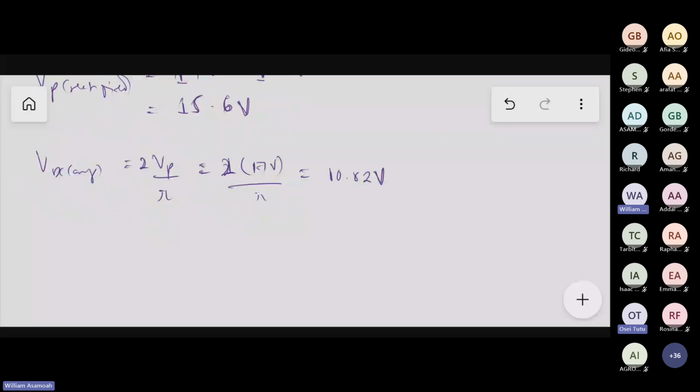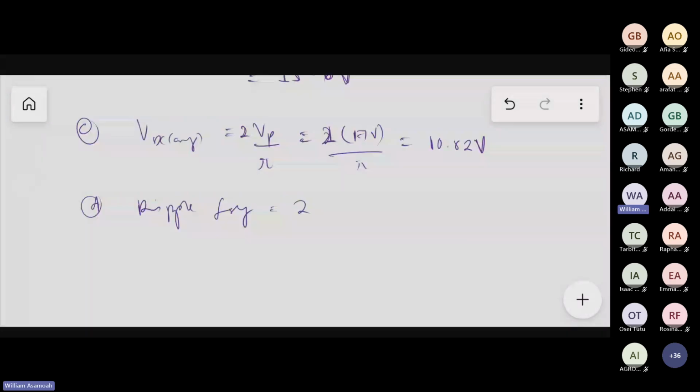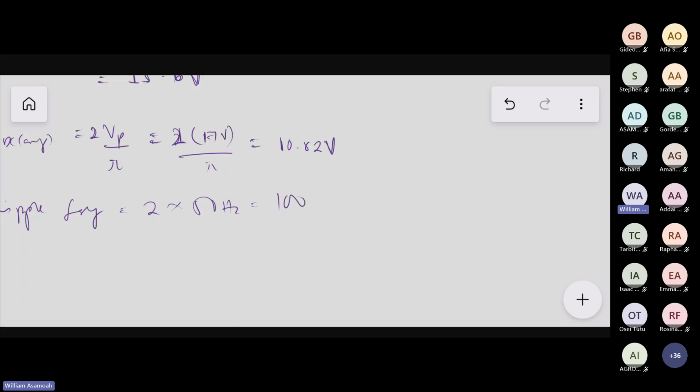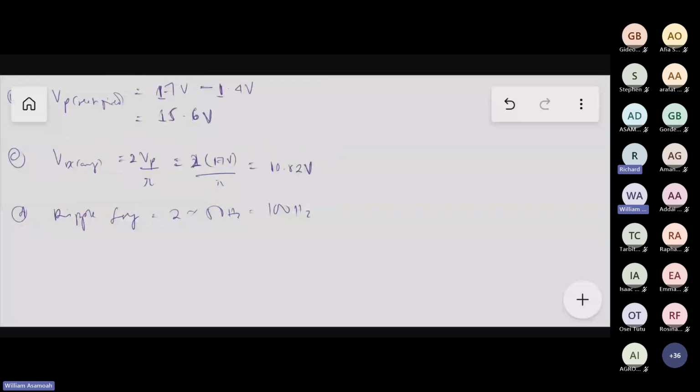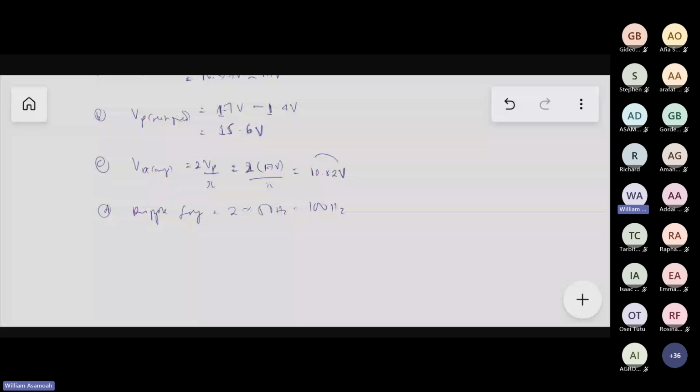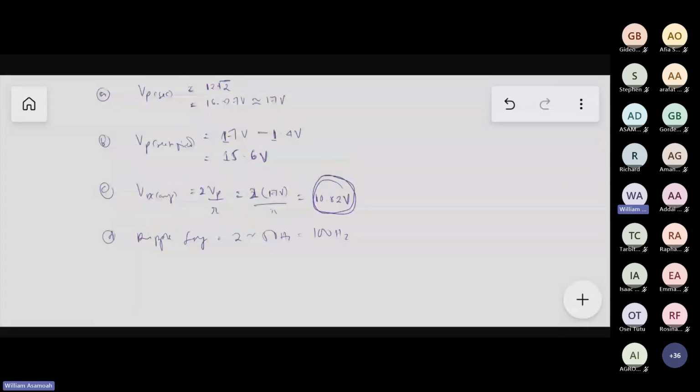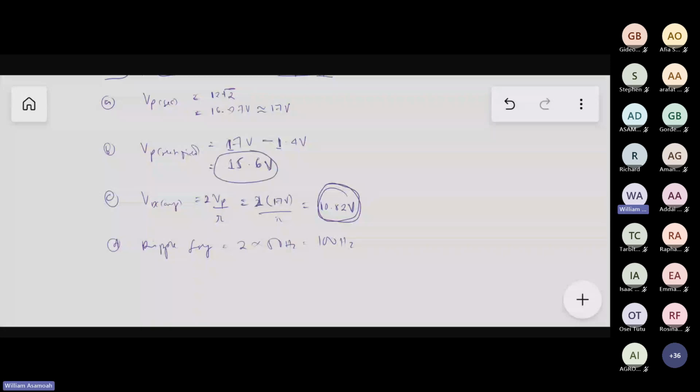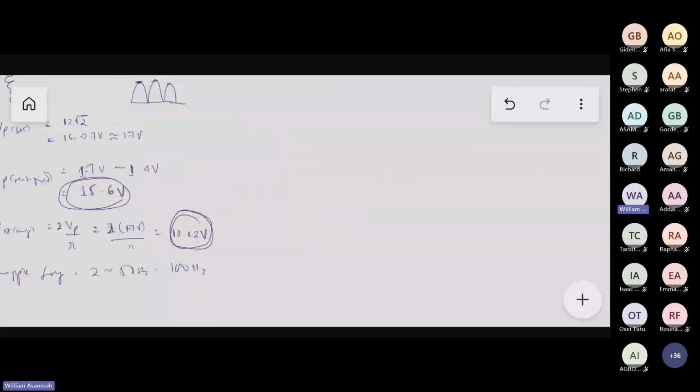Then the ripple frequency. The ripple frequency now becomes equivalent to 2 times 50 hertz, because now we have 2 waves, and that becomes 100 hertz. Then the capacitor must withstand at least 15.6 V. The peak of the output is 15.6.